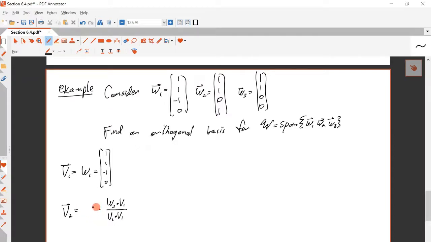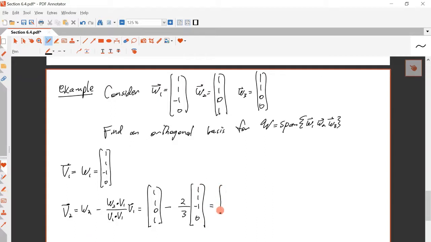W2 is 1, 1, 0, 1, minus W2 dot V1, the dot product of these two, which is 2, over V1 dot V1, which is 3, times V1, 1, 1, negative 1, 0.